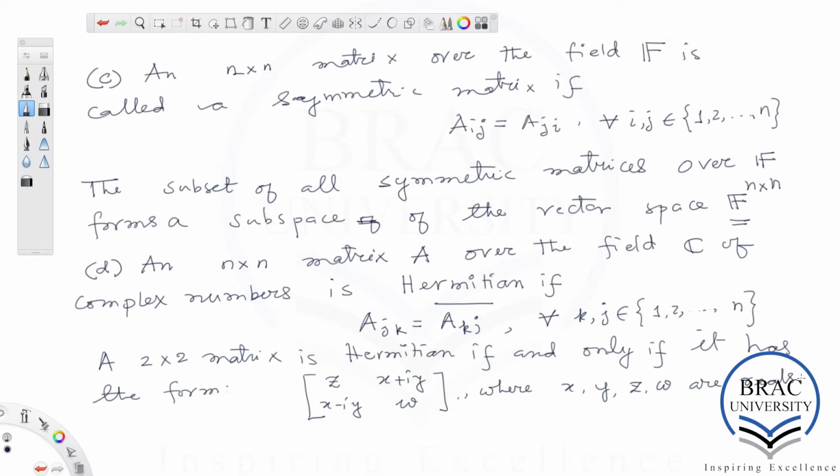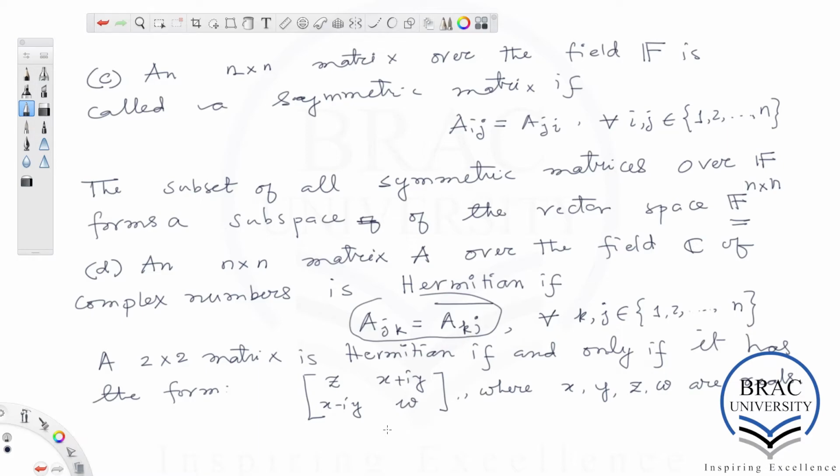It just follows from the definition, so take a complex 2 times 2 matrix, you don't need to take this to be real, so take 4 different complex numbers in the form a plus ib, apply this definition, and you will arrive at this form.